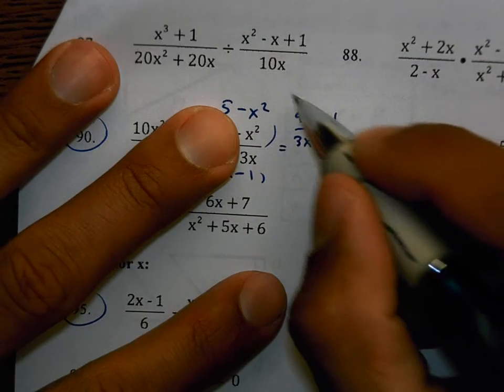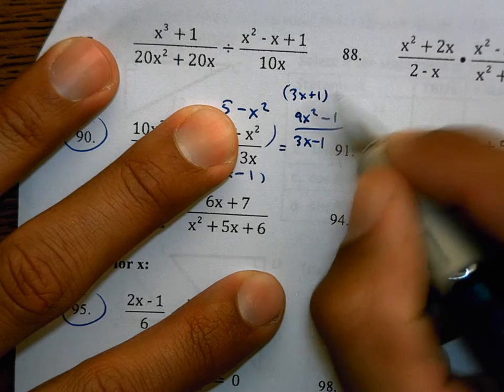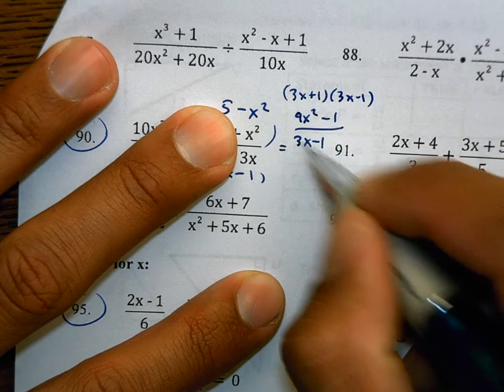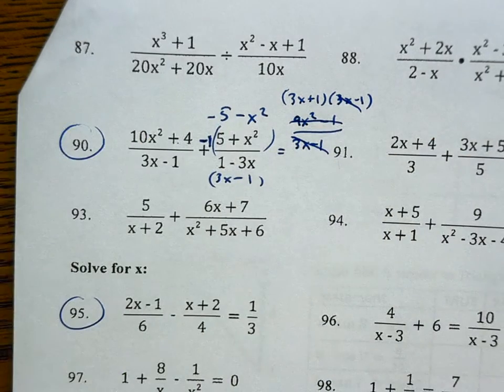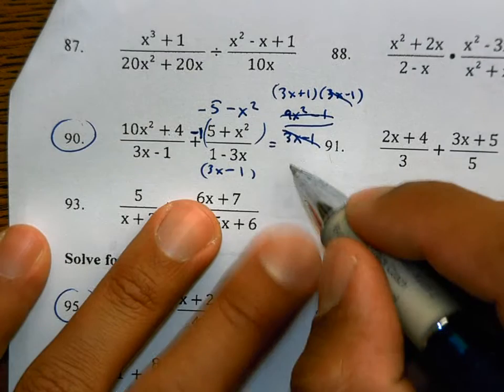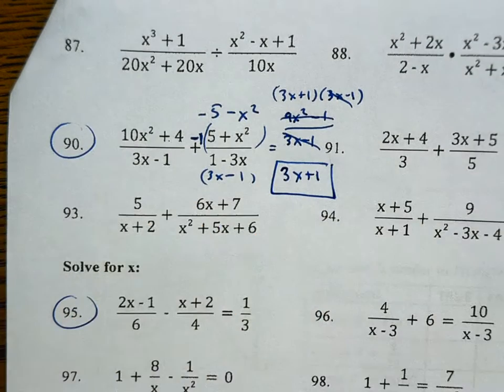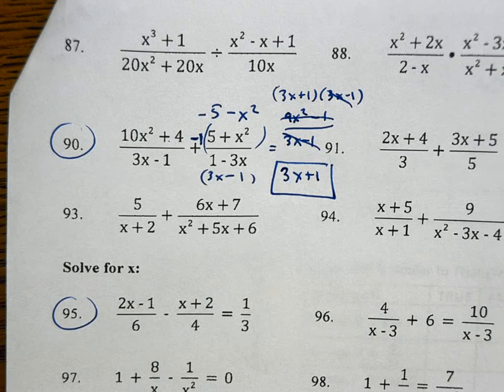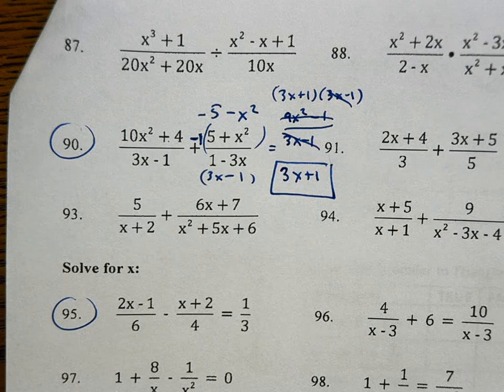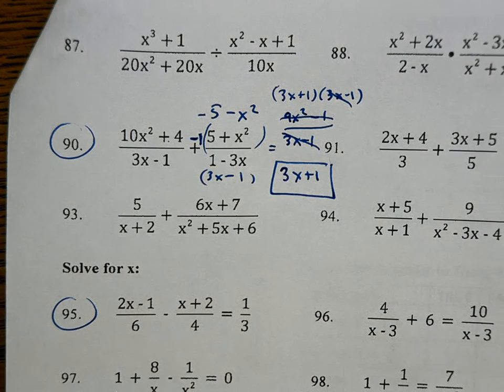This factors to 3x plus 1 times 3x minus 1. And then I could see that the 3x minus 1s would reduce. My final answer for number 90 is 3x plus 1. Crazy answer for that. Most of the time it's a fraction.